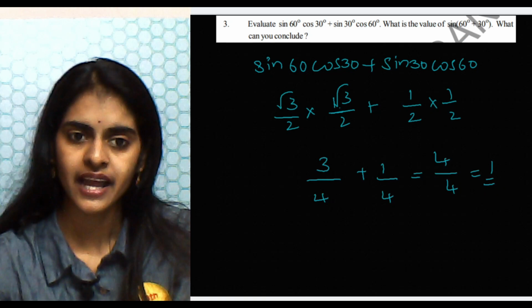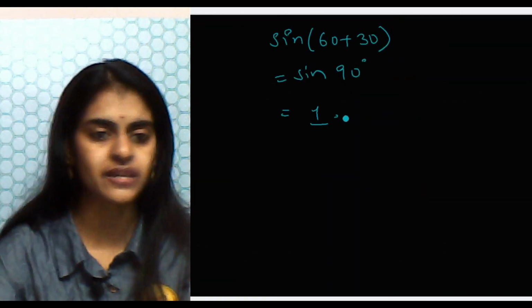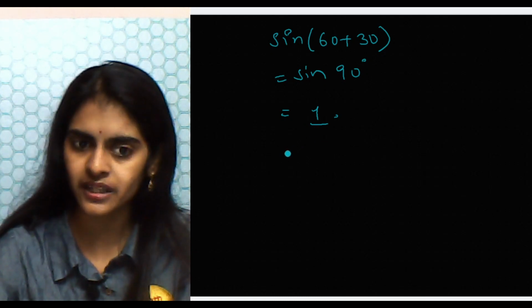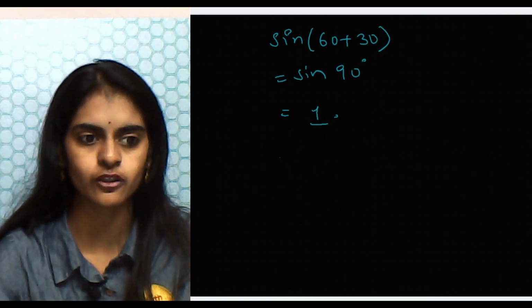So from this you can see that sine 60 cos 30 plus sine 30 cos 60 you got as 1, and also sine of 60 plus 30 you got as 1. So from this we can conclude that these two are equal, isn't it? So let us write the final conclusion here.